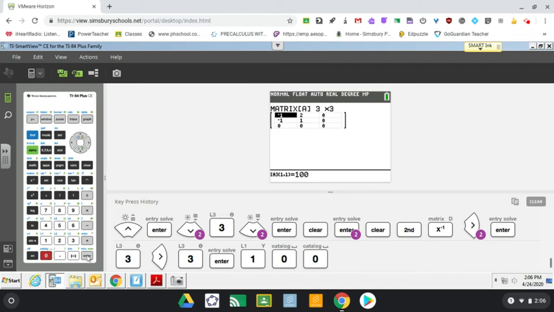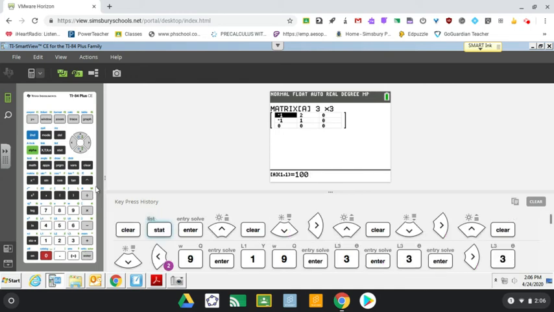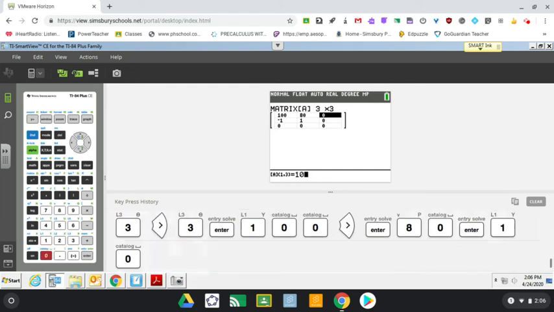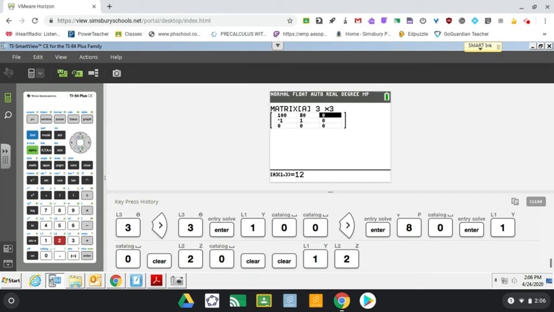Mine is not for some reason. Weird. Come on. There we go. Enter will let you slide over to the next one. And then we have 80 is the next value to the right. And then 120. You don't even need to do the totals, which is nice because it'll do it for you eventually. Hit enter again.